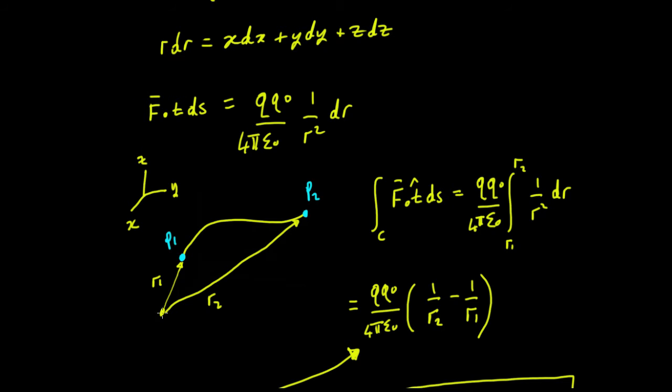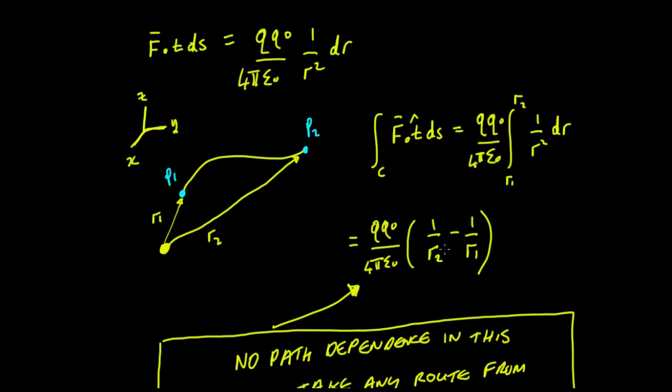Let's say that point there is the origin of our axis system. So we would be integrating from R1, that's that point, to R2, which is that point P2 up there, of 1 upon r squared by dr. When we integrate that, we'll get our q naught upon 4 pi epsilon naught, and we'll have 1 upon r2 minus 1 upon r1.